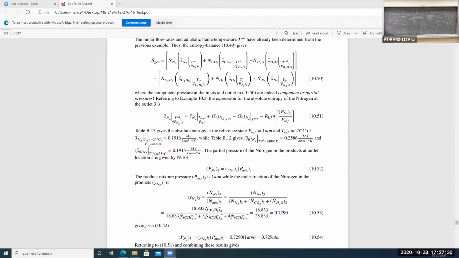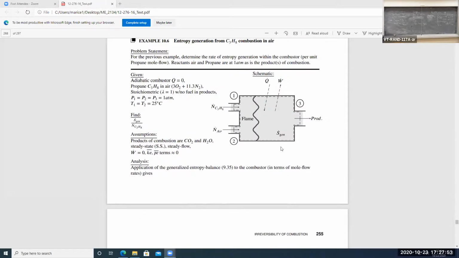Let's look at how you calculate the specific entropy for a particular component at the outlet. Here's your S of the N2 evaluated at the outlet temperature and the outlet pressure. Something to notice here: the outlet is a mixture of nitrogen, carbon dioxide, and water vapor.